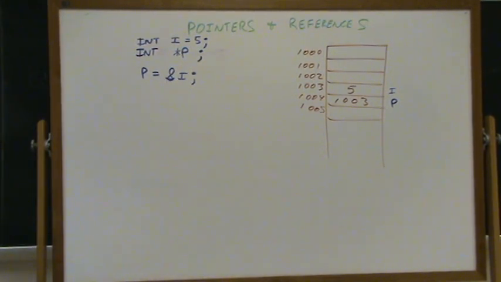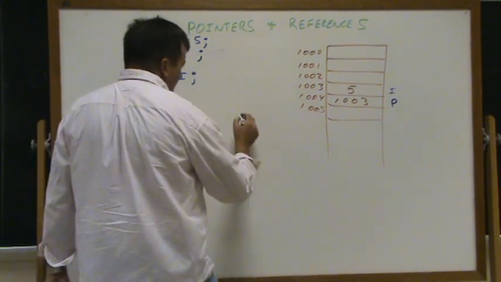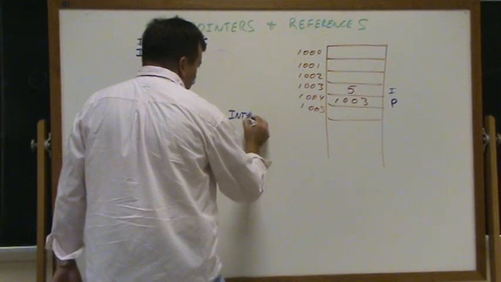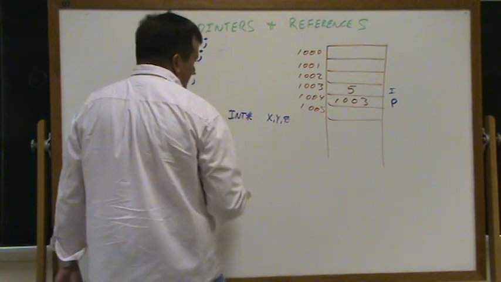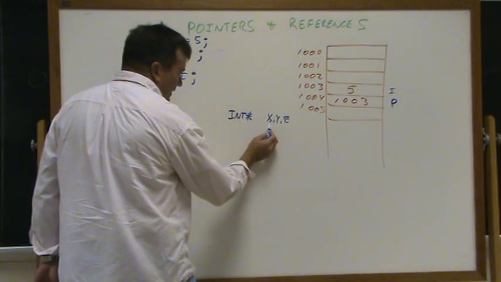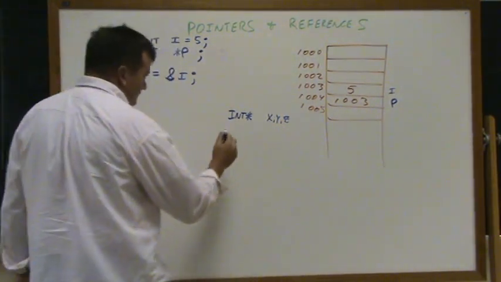This is just an aside, that's actually a good point to bring up. This is like a trick question in C and C++. What does this mean? int *x, y, z. And unfortunately, what this means is the first item, x, is a pointer to an integer, and y and z are actually integers. It's exactly the same as saying this.